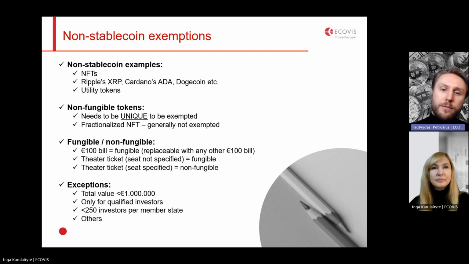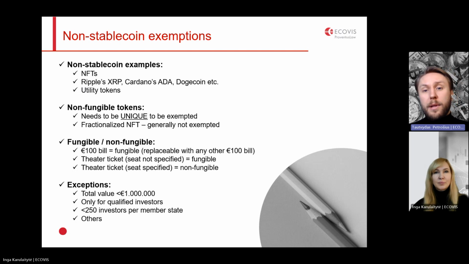Now, utility tokens, for example, are completely exempted as well, though the catch here is to have some solid reasoning on why that crypto asset should be considered a utility token, especially if it's listed on a trading platform. Now, other exemptions relate to some offers to the public where the issuer shouldn't need to prepare the white paper in their marketing materials.